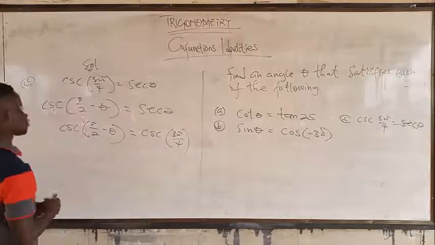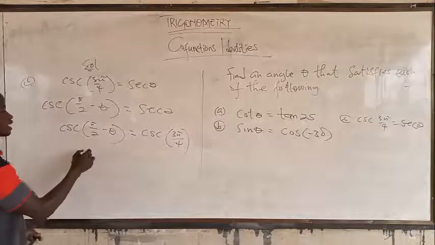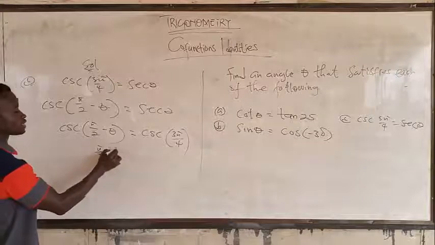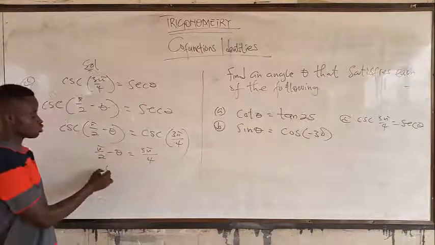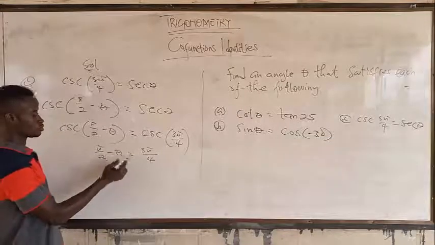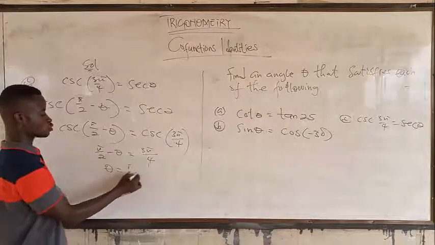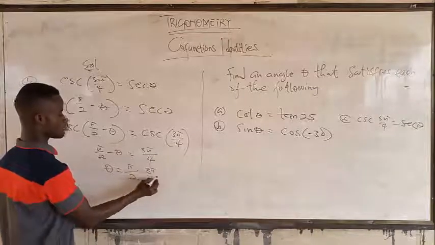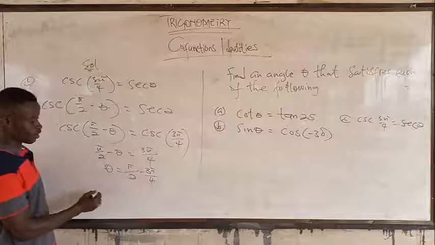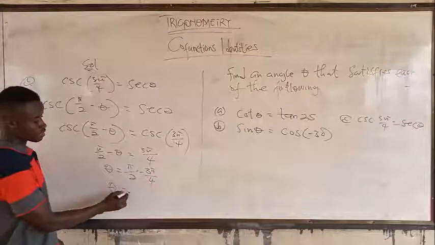So you divide both sides by cosec and you get pi over 2 minus theta to be equal to 3 pi over 4. So theta will be equal to pi over 2 minus 3 pi over 4. All right, very good. So theta, what is theta?